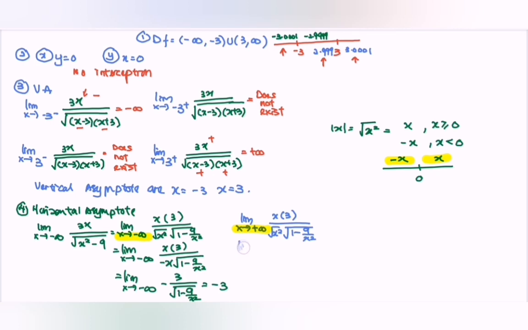So from here, the limit when x approaches positive infinity, we have x multiplied with 3 over x multiplied with the square root of 1 minus 9 over x squared. So we have the limit as x approaches positive infinity of 3 over the square root of 1 minus 9 over x squared, and the value of y is equal to 3. So the horizontal asymptotes are y equals negative 3 and y equals 3.